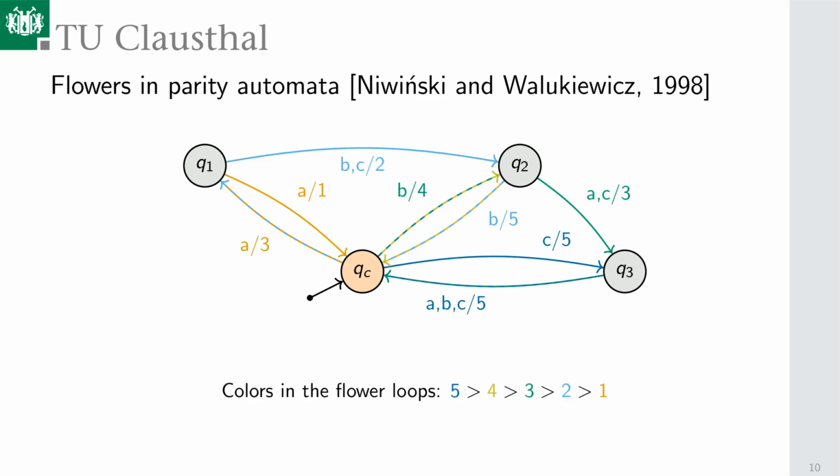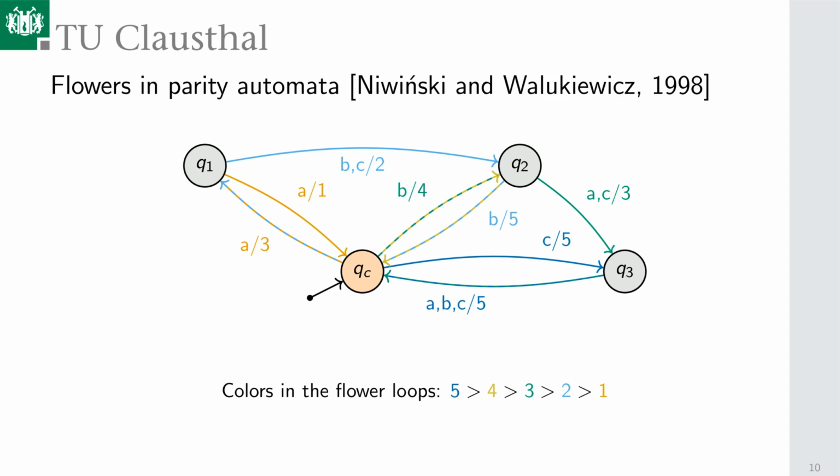If we have a certain number of flower paths for which the least colors alternate between being even or odd, then this proves that this number of colors is needed to represent the automaton's language, as Niwinski and Walukiewicz showed.